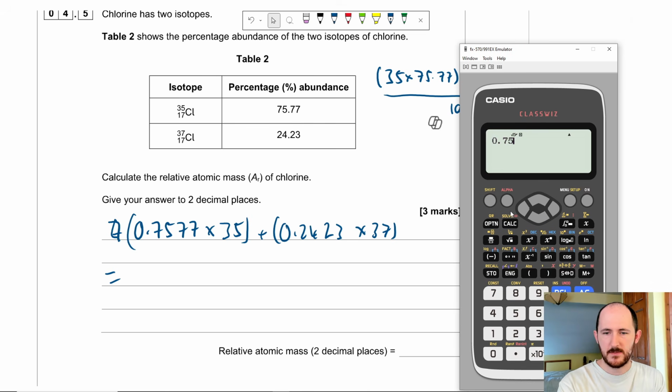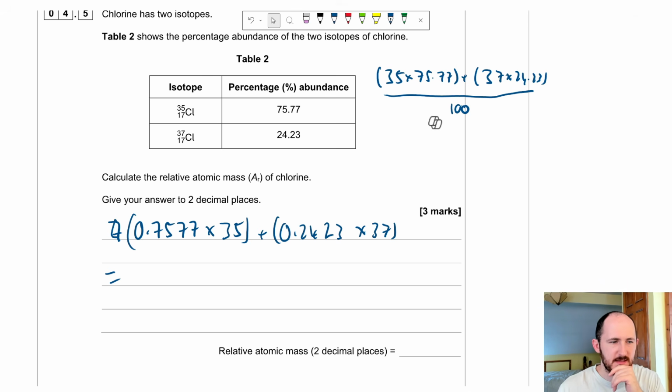Now, I should be able to actually not use brackets here. But let's see. 35.556. Yeah, we could do that. Is that okay? So what should we round it to? It says 2 decimal places. 35.56, let's call it.